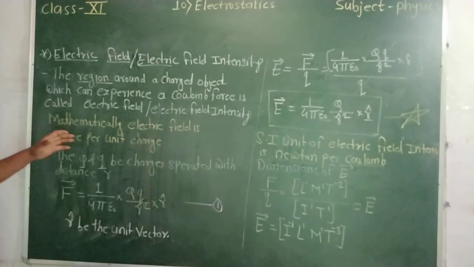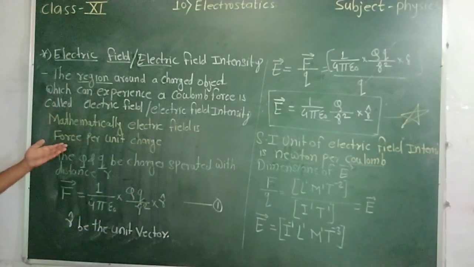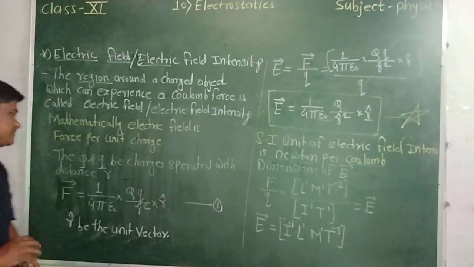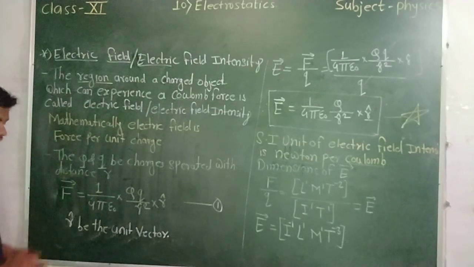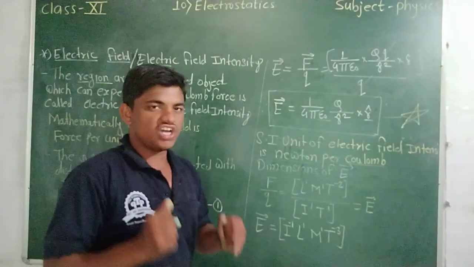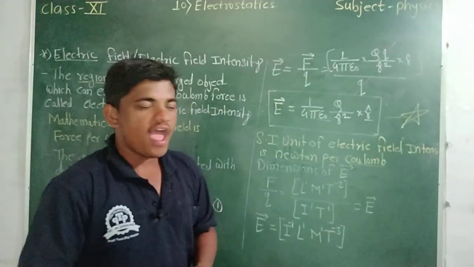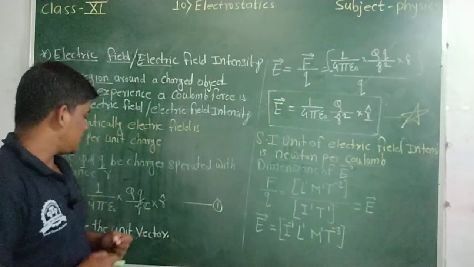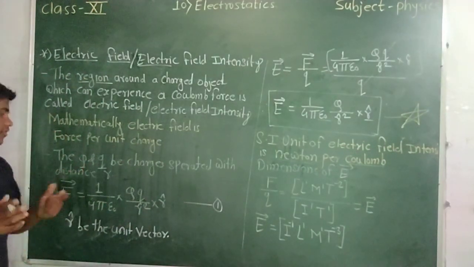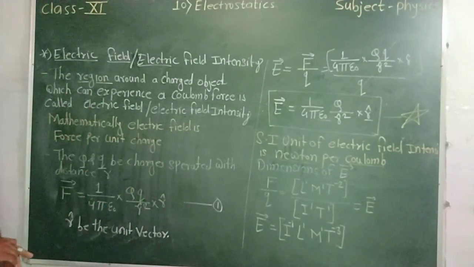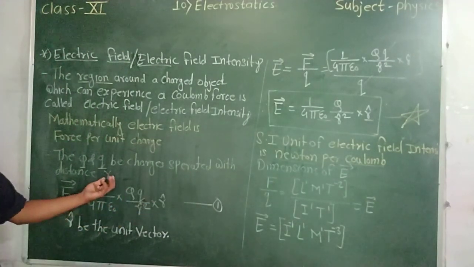Mathematically, the electric field intensity is the force per unit charge. We consider two charges, capital Q and small q, situated at any points and separated by a distance r.